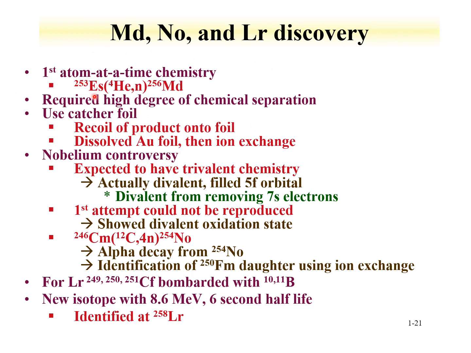What one would do is take the target, bombard it with helium nuclei, and put a catcher foil behind the target so that the recoil nucleus would go onto this catcher foil, usually gold. You would take that gold foil that had the recoiling product on it, dissolve it in acid, then do ion exchange chemistry. There was some controversy with nobelium. It was expected to have trivalent chemistry. It's actually divalent if you look at how the electrons are filled.